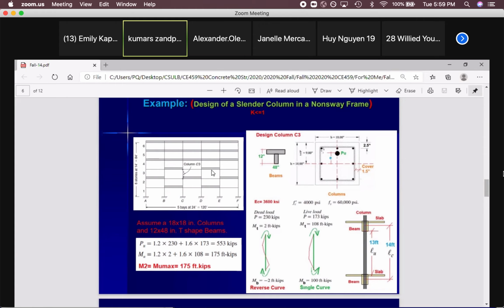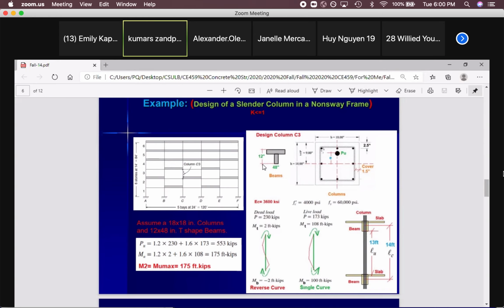And we have a slab, and the beams are 12 inches by 48. Look at this. That's a very thick web, actually a short depth. These are special beams, because the architect just asked, I don't want any beam thicker than 12 inches.